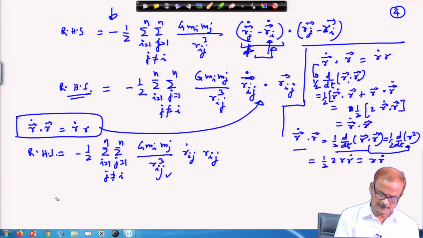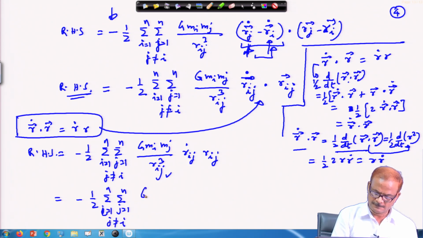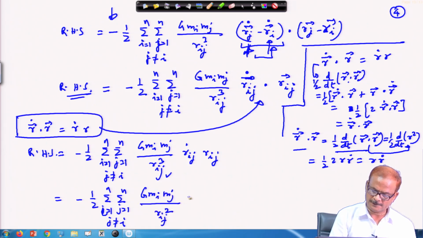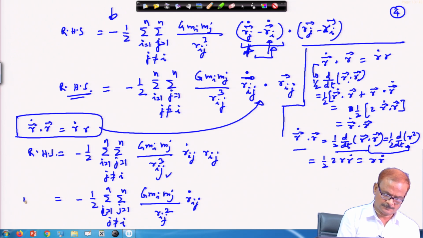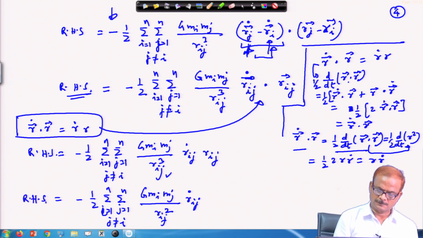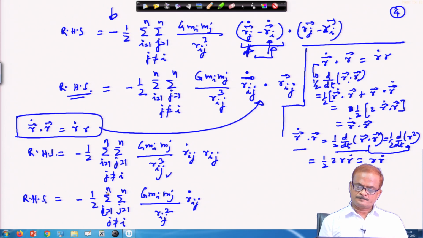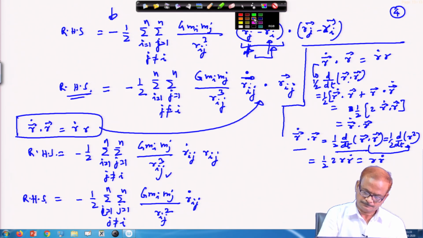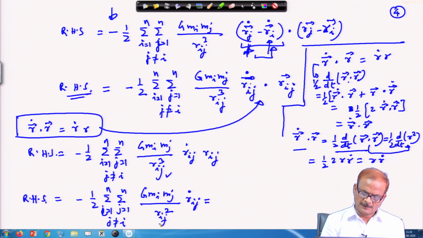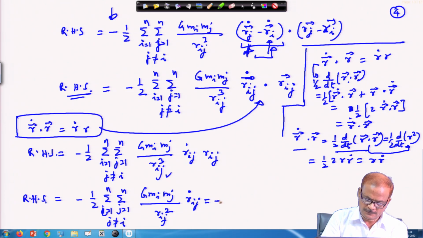We can cancel it out, and this can be again rearranged as j equal to 1 to n, i equal to 1 to n, j not equal to i, G m i m j over r i j square, r i j dot. And here a little bit of work, and we will be able to solve this problem.